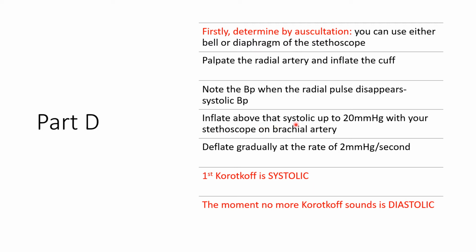Inflate above that systolic level up to 20 millimeters of mercury with a stethoscope on the brachial artery. Then deflate gradually at the rate of 2 millimeters of mercury per second. The first Korotkoff sound is the systolic blood pressure. The moment there are no more Korotkoff sounds is the diastolic blood pressure.